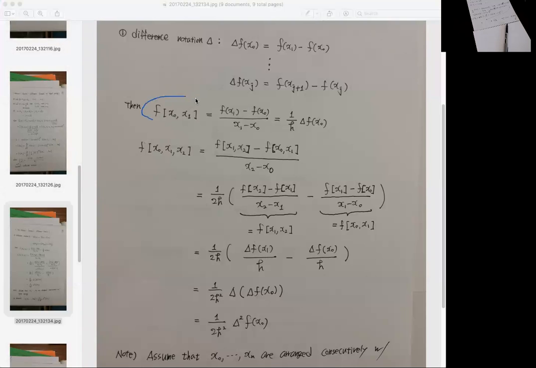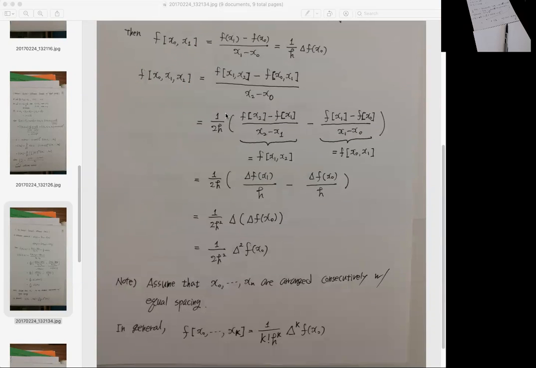Actually, this is a1, the unknown coefficient a1 in the alternative algebraic expression, right? And then this is a2. Okay, so keep going.